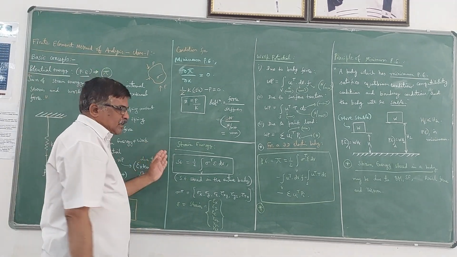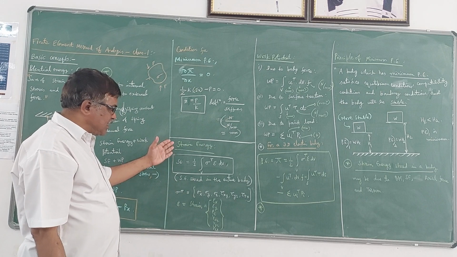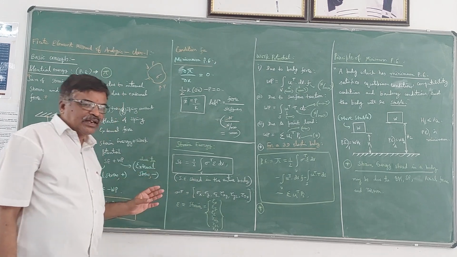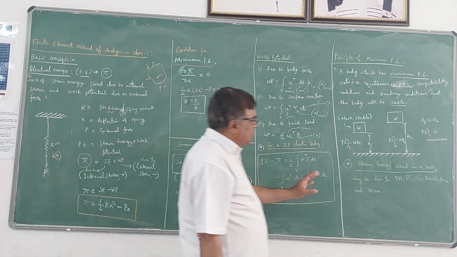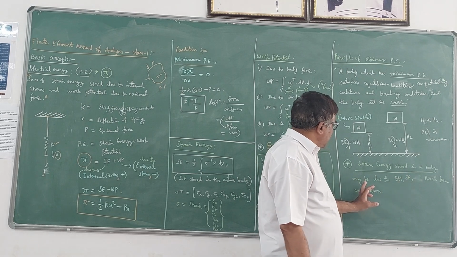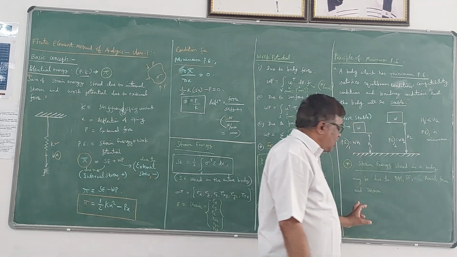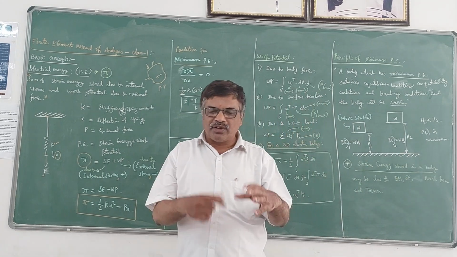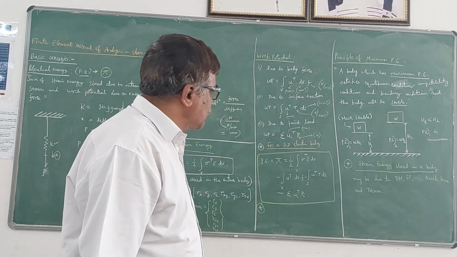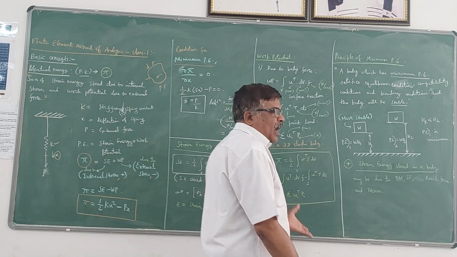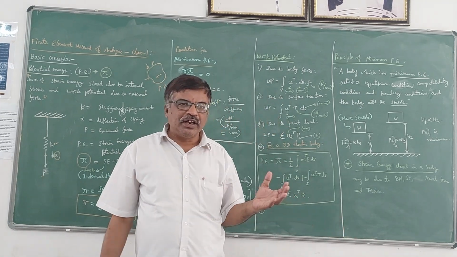Now let us see one by one what is strain energy. Strain energy, once again, is nothing but the energy which is stored in a body due to bending moment, shear force, axial force, and also due to torsion. These things you have learnt in your strength of materials. So we will have different expressions for the strain energy due to these.